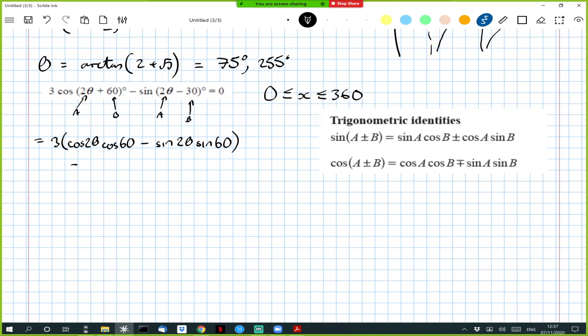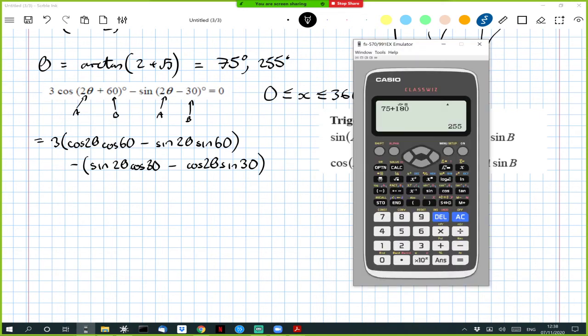Then we're going to take sin 2θ cos 60. Take, so it was cos 30. Take cos 2θ sin 30, like that.